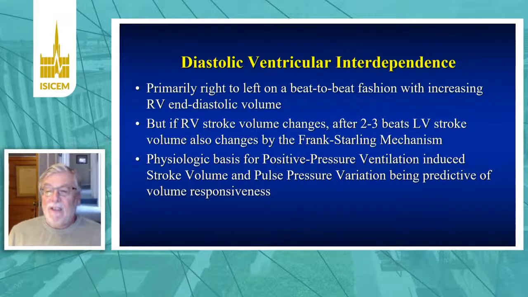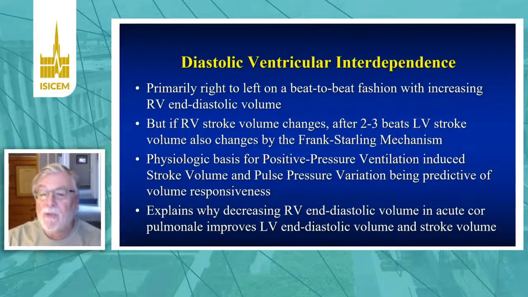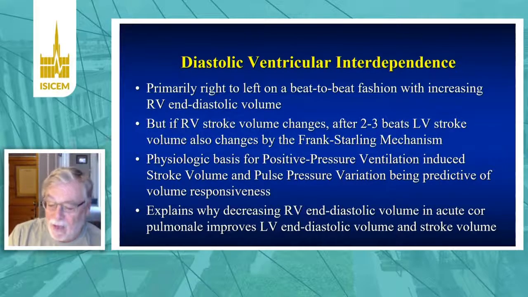This is the physiologic basis for positive pressure ventilation induced stroke volume and pulse pressure variation that we see and use for prediction of volume responsiveness. And it also explains why decreasing right ventricular end diastolic volume in patients with acute cor pulmonale increases left ventricular diastolic volume and stroke volume.